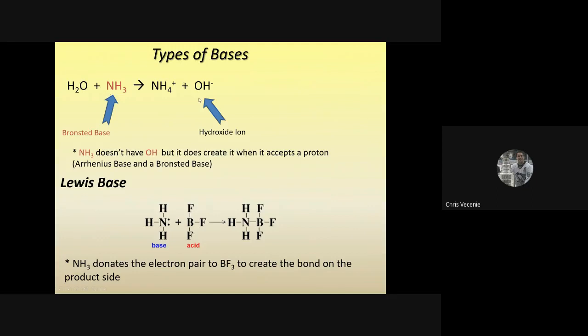And if you look over here, sure enough, we see the hydroxide ion on the right side. That means that NH3 is also an Arrhenius base. So even though the NH3 doesn't possess OH in it, so long as it creates it as a product, it will fit the definition of an Arrhenius base.